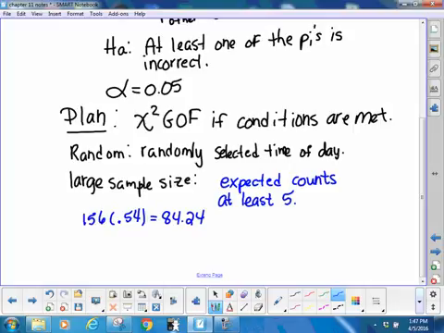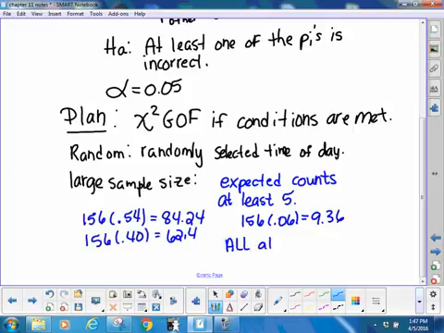That's greater than 5. It's not enough to say all expected counts are at least 5. You have to show somewhere that you check each one.